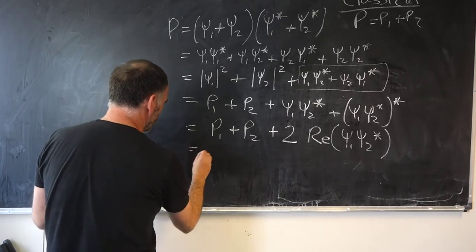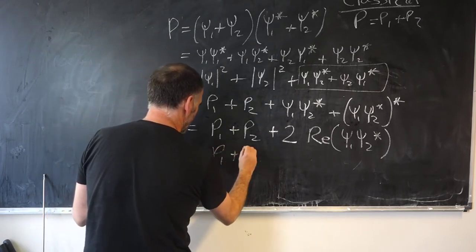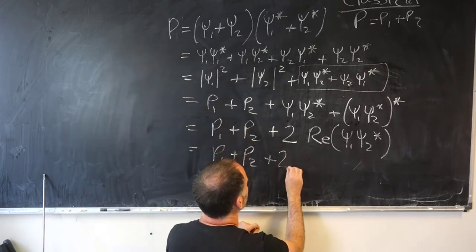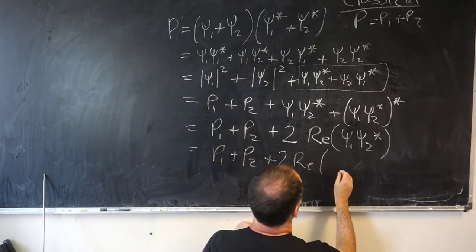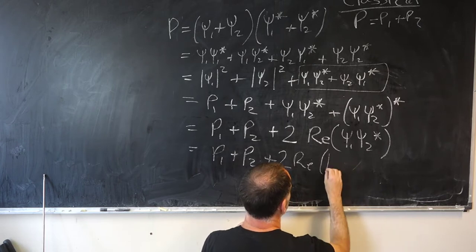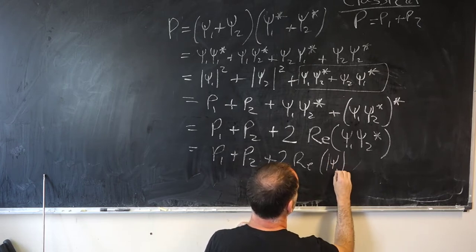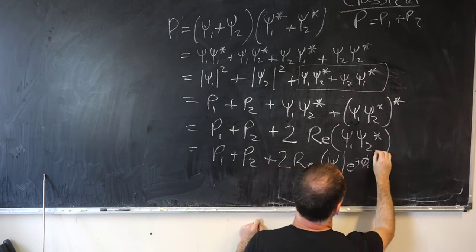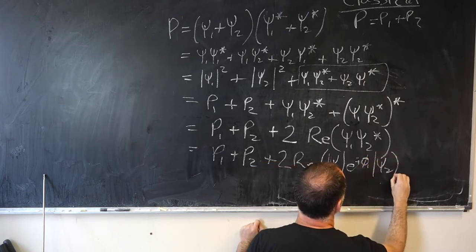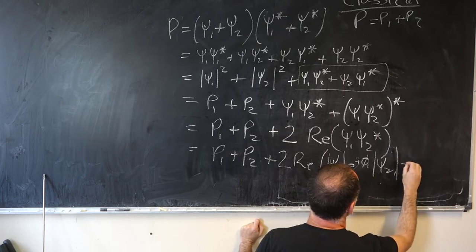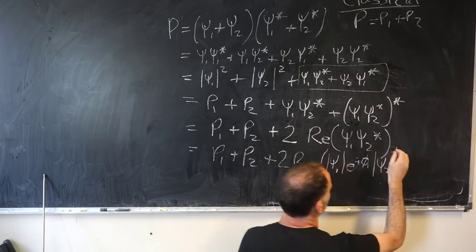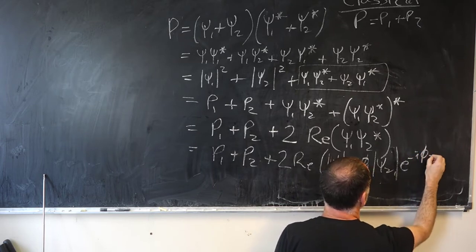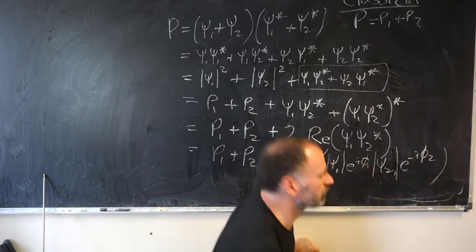And in turn, what's twice the real part? Well, let's write this out. So twice the real part of what's psi1? Well, psi1 is the modulus of psi1 by e to the i phi 1 multiplied by the modulus of psi2 by e to the, because it's the complex conjugate, e to the minus i phi 2. Can we see that?